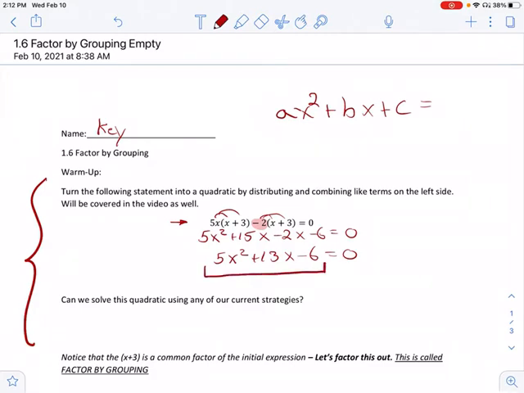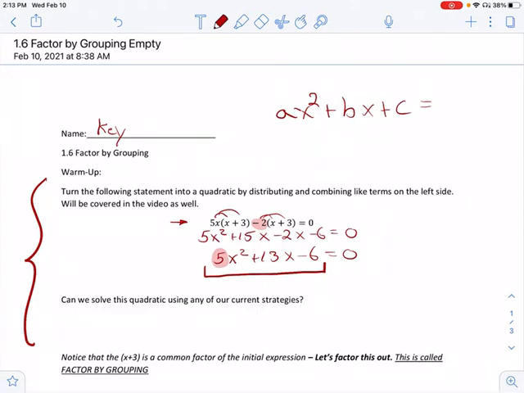And what we're finding is that currently, I don't know how we could solve this. I can't factor anything out. There's nothing common in all three of those terms, right? That's what we learned to do in a previous lesson: if my a value, or my first term, isn't a 1, or it's not just a plain x squared, then potentially I can factor a common factor out.